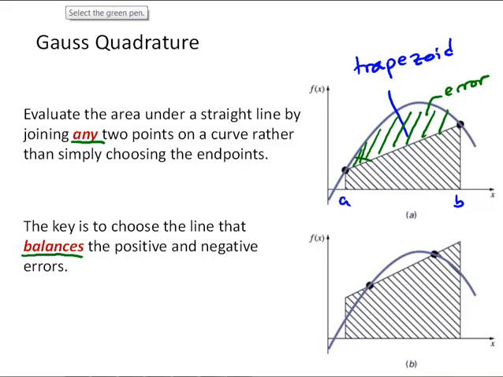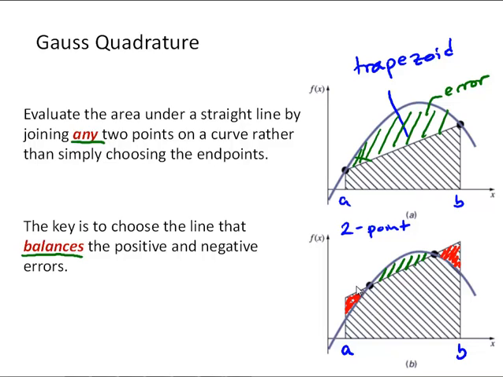This second graphic indicates what I'm talking about. If we're integrating over a range from a to b, that's still the trapezoid that we're going to use to calculate the integral, and this would be for a 2-point calculation. We can use more points as well, but we've strategically chosen these points so that the positive error here is balanced by the negative error here and here.